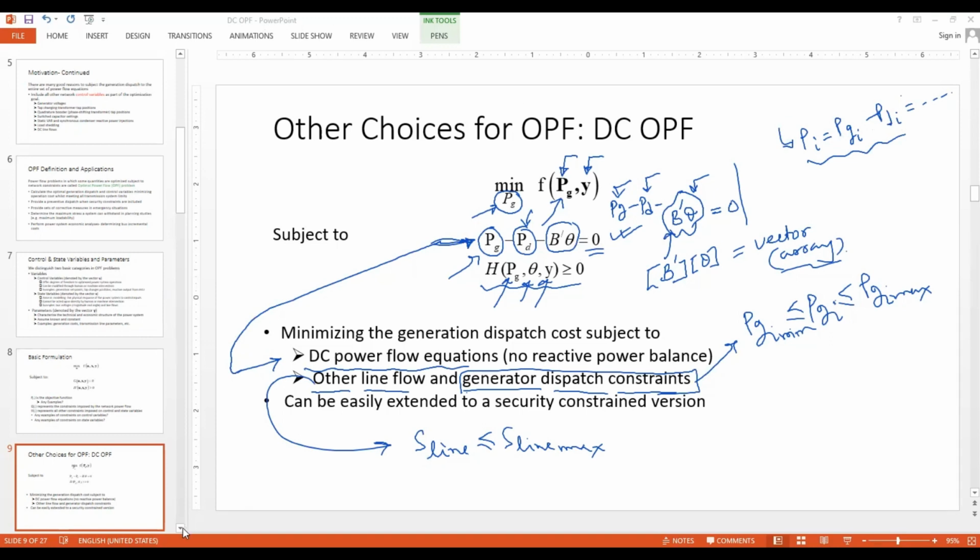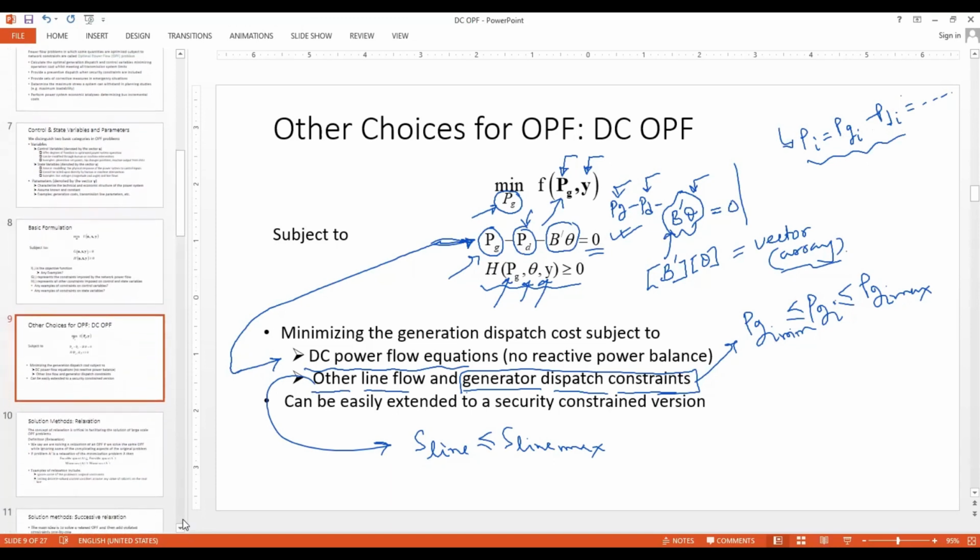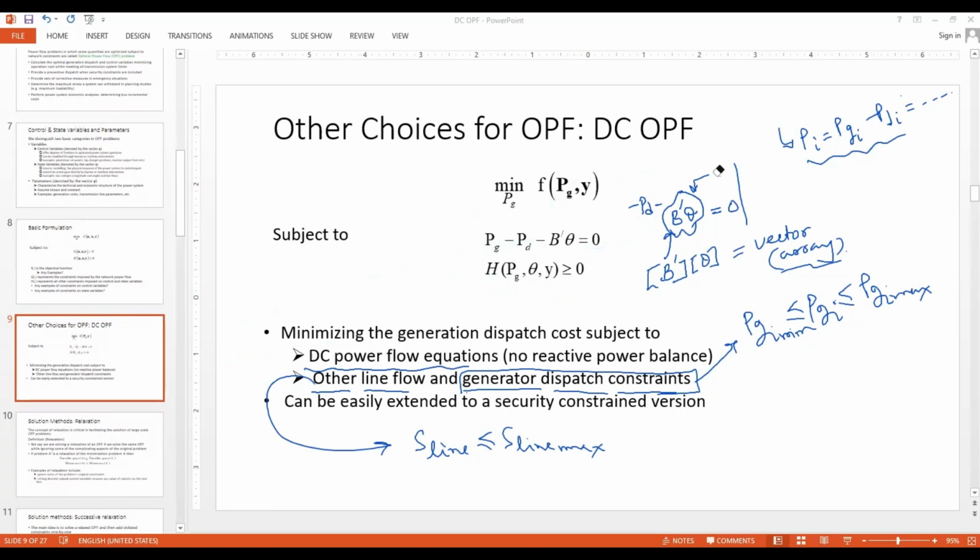So up to this point, we have discussed the motivation of OPF and the formulation of OPF. By simply OPF, we mean the AC OPF. And when we specifically say DC OPF, that means in this case the formulation will look more or less like this. So now from this point, we will shift our focus a little bit to a different set of slides, as I mentioned at the beginning of the class.